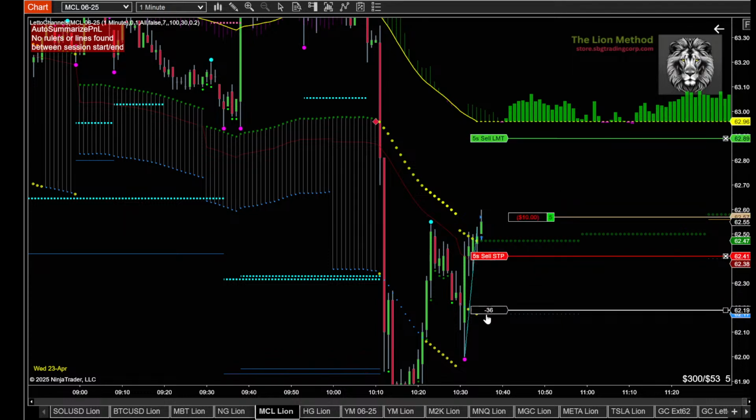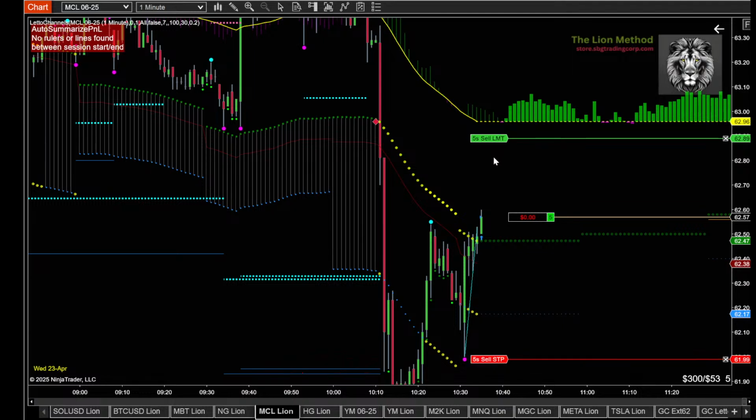Crude is long. I'm going to put my stop here. Target is going to be, wait, target is right about there. Crude is long. Crude is long.